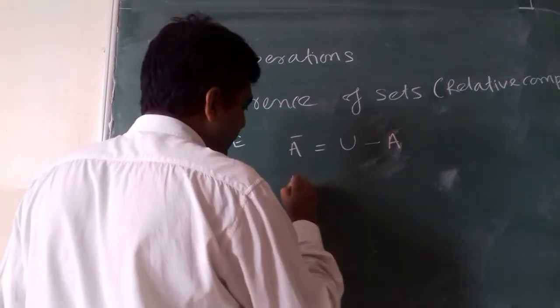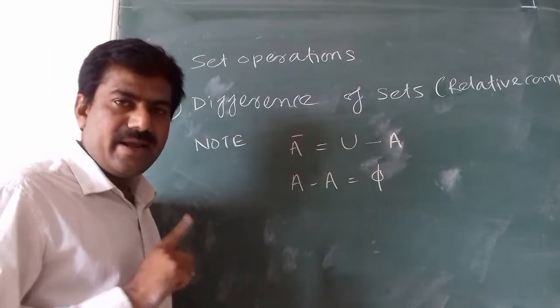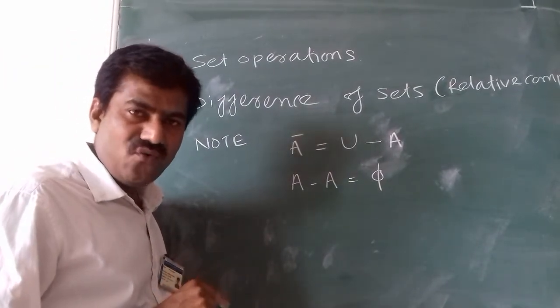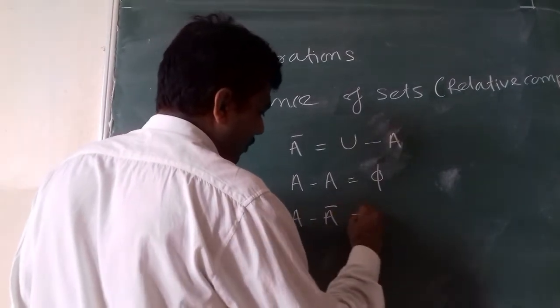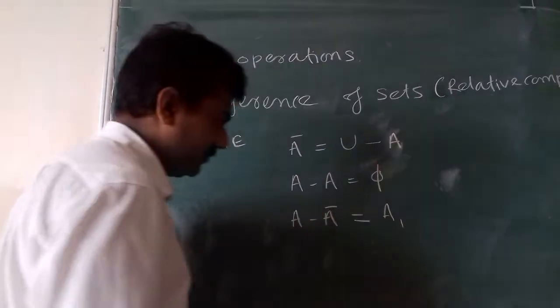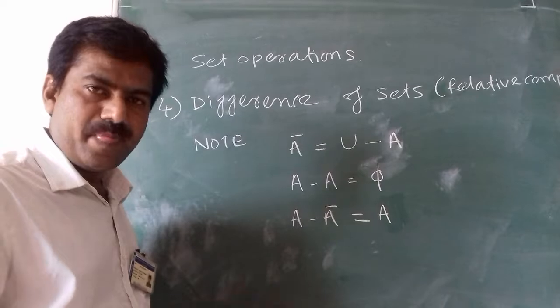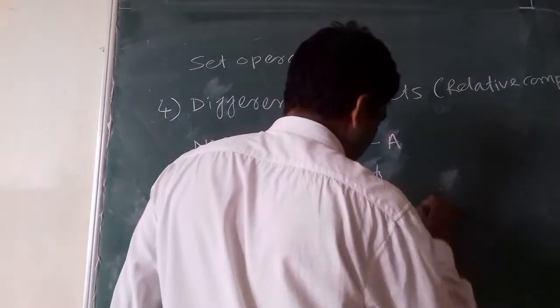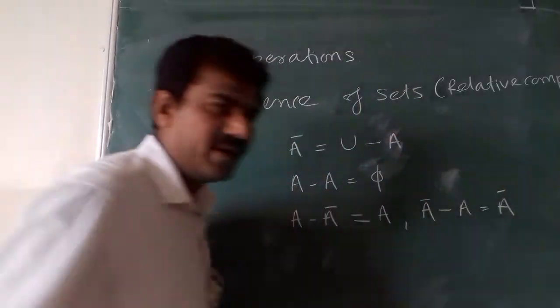Second, A minus A is equal to phi. A minus A complement is equal to A, right? And A complement minus A is equal to A complement.